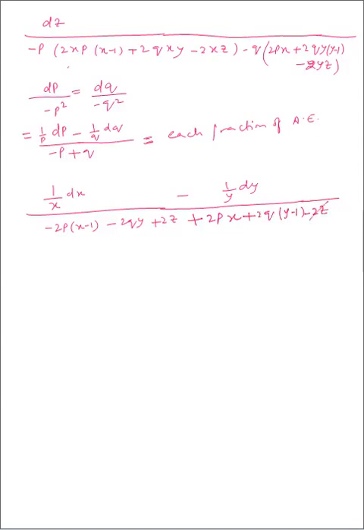So minus this cancels out, 2qy also cancels out, then this is 2px also cancels out, minus 2p and minus 2q are there. So 1 upon x dx minus 1 upon y dy upon plus 2p and minus 2q.